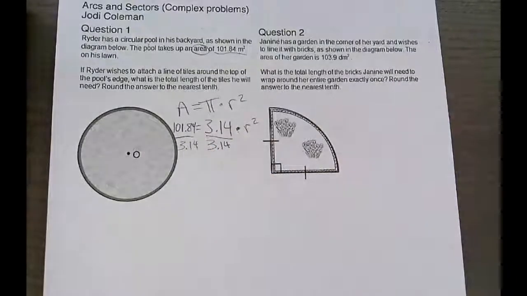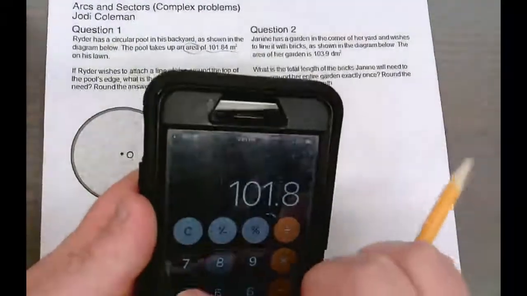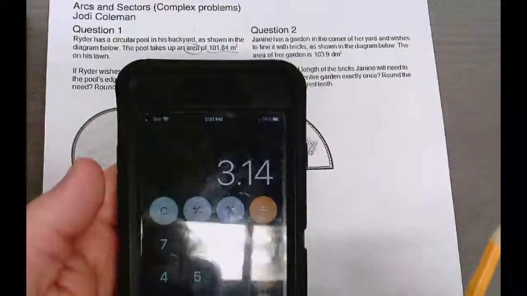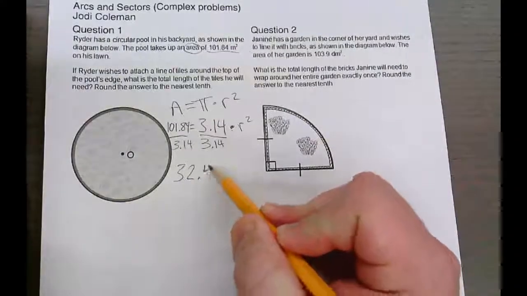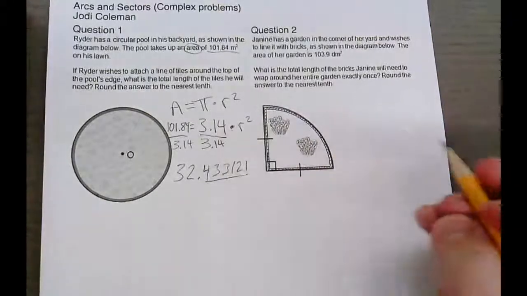So 101.84 divided by 3.14 equals 32.43321. So this is too much work.